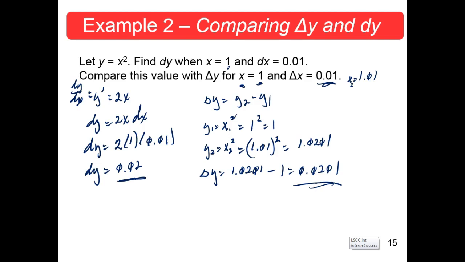Then using the delta x, we'll actually come up with the actual change of y, and that will be this one. So will they be two separate functions or will they be the same? Okay. This is the approximation. This is the actual. Yeah. And they're close. That's what the point is. They're very, very close. Okay?